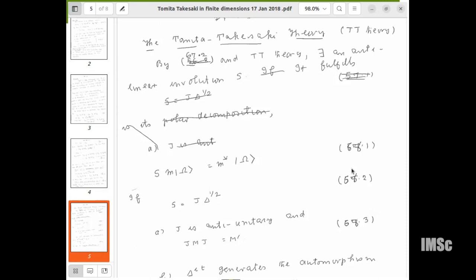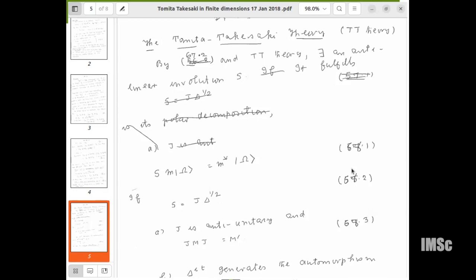So S acting on omega itself is 1. You see that that is correct. So on the vacuum, this S is 1. On other vectors, which you can obtain by applying M on the vacuum, it changes the vector to M star times omega. This is what Tomita proved.